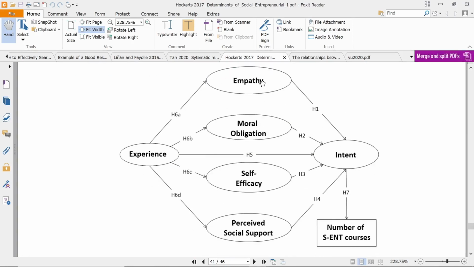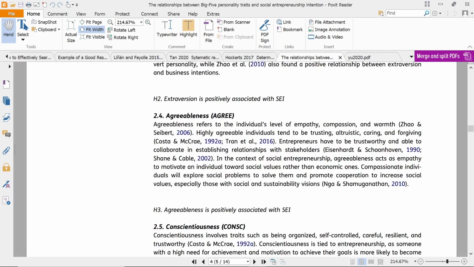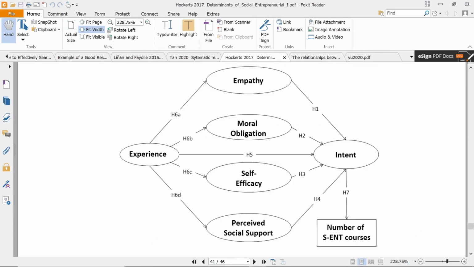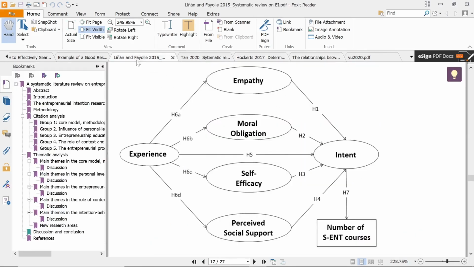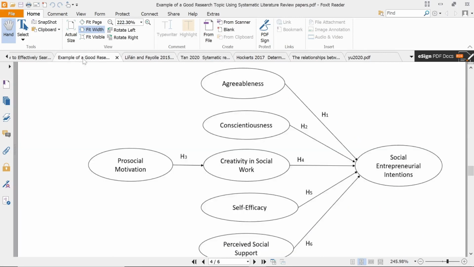This can be measuring the same thing, so I removed this one over here based on that basis. So it's the level of empathy, compassion, and warmth. Highly agreeable individuals tend to be trustworthy, caring, forgiving. So I removed this one here, and placed agreeableness instead, so that I have something different.